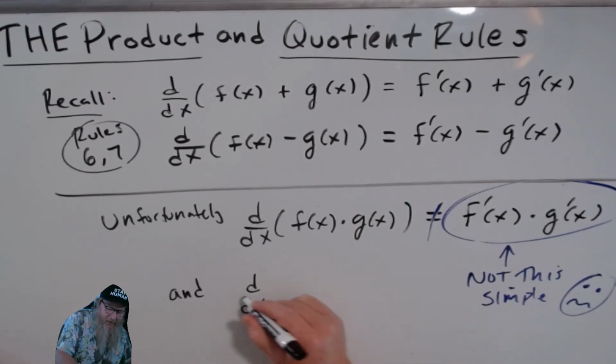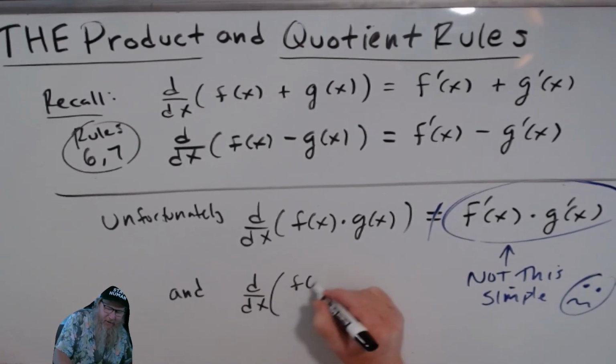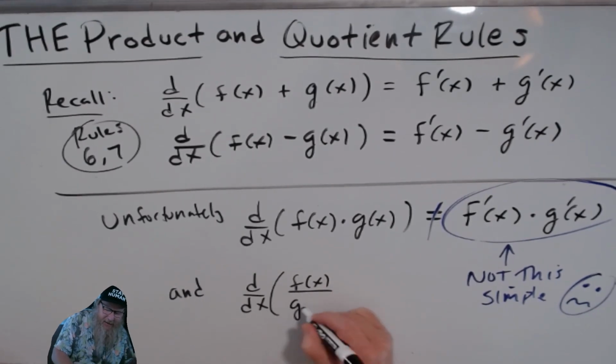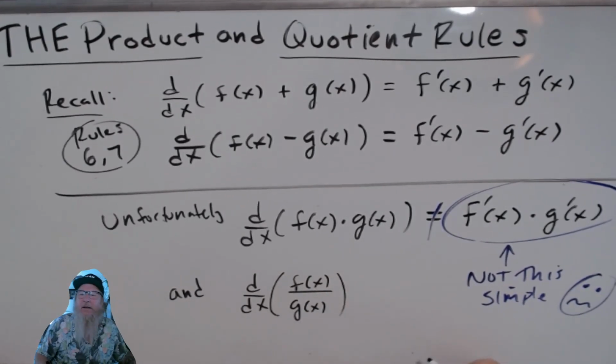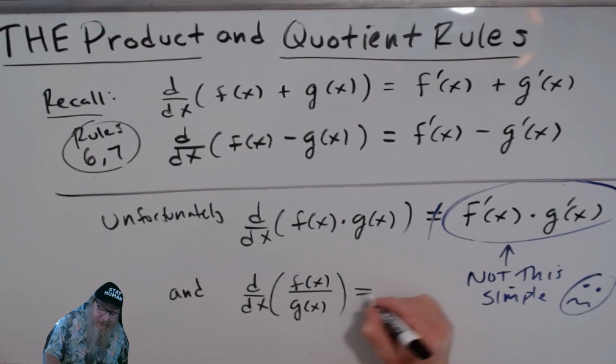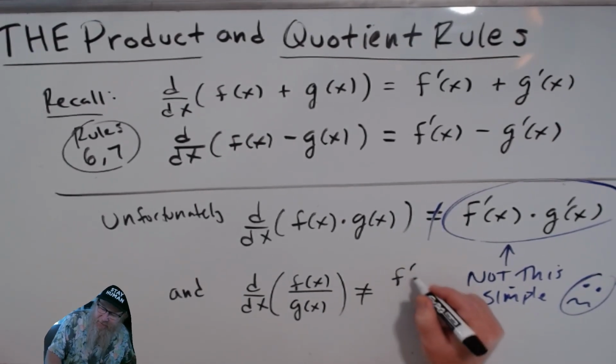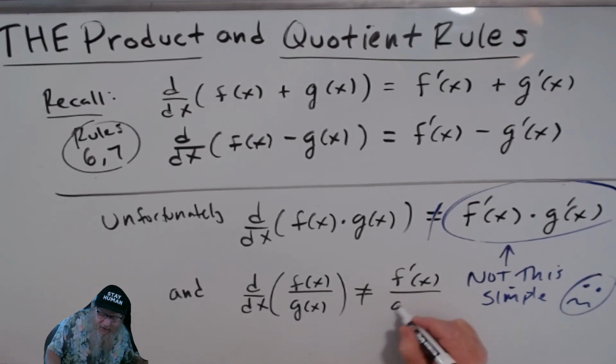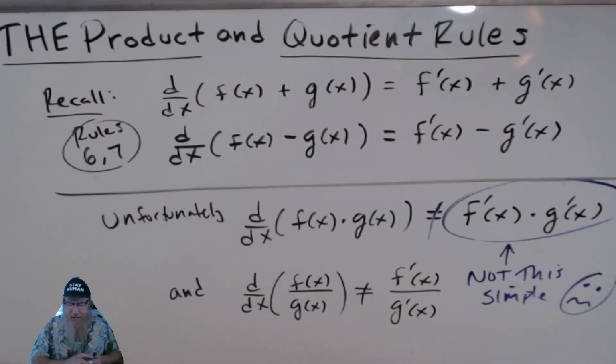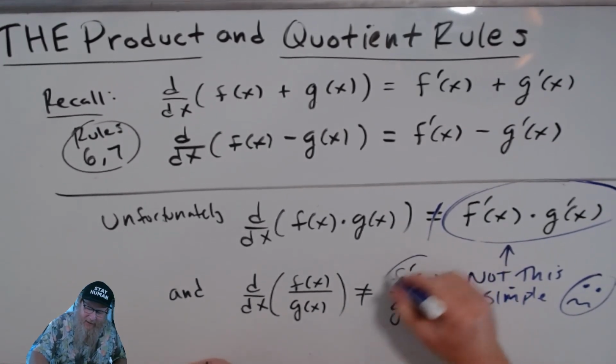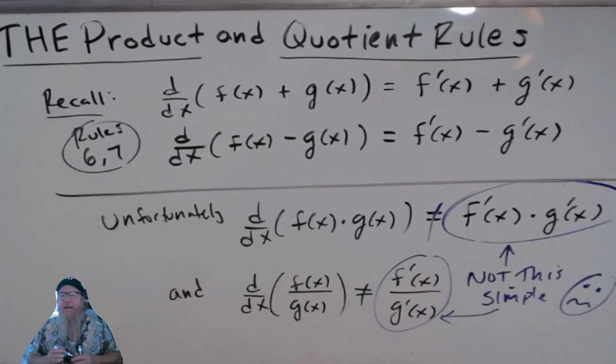So if I said the derivative of f of x divided by g of x, it is not just simply f prime on the numerator and g prime on the denominator. Again, that would be too easy.